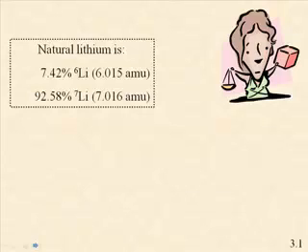So let's look. Here our example is lithium. And what this says is that if I have a large sample of lithium, 7.42% of them would be the lithium-6 isotope, and 92.58% of them would be the lithium-7 isotope. So if we're looking at what the average mass of lithium is, we would expect, since a lot more of them are lithium-7, the average mass of lithium to be closer to 7 than it is to 6.